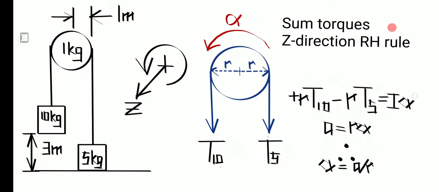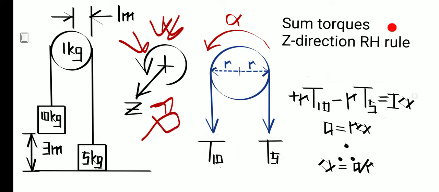Okay, next we have the sum of the torques. We're going to use the right-hand rule, which gives us counterclockwise as positive. Your thumb would be pointing out if you use your right hand, and your fingers would curl the way your arrow is curling. So in this crude little cartoon, that's how you define your right-handedness, as some people call it.